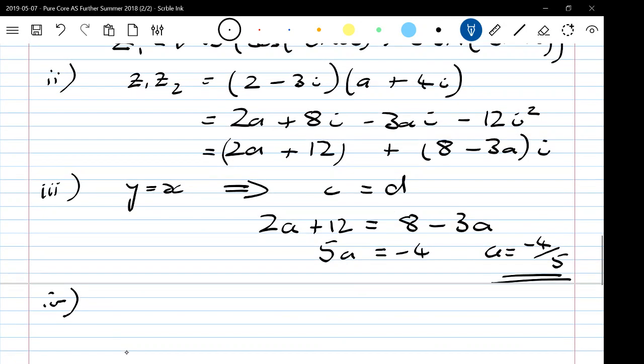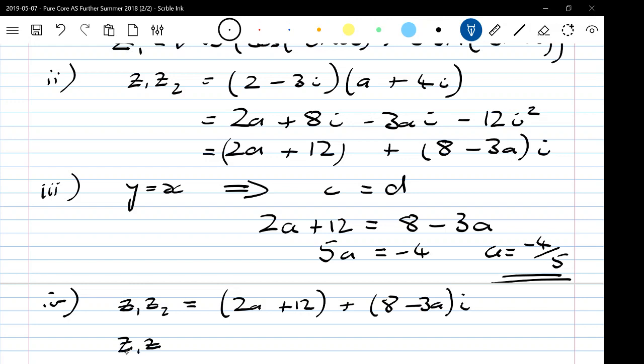And finally, given instead that z1 z2 equals the conjugate of z1 z2, find the value of a. So what we got, z1 z2 was 2a plus 12 plus 8 minus 3a i. The conjugate of that is 2a plus 12 minus 8 minus 3a i.